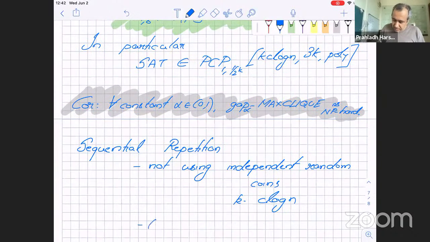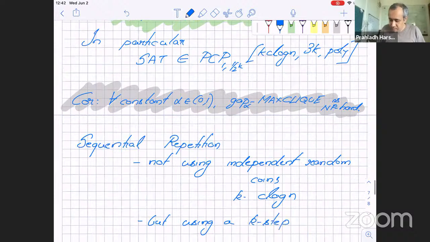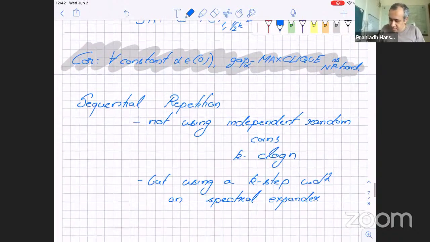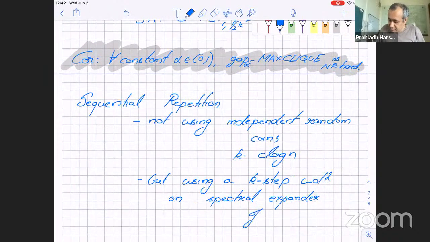But using a k-step walk on a spectral expander, you don't need to know what these objects are, but you can take a spectral expander of size 2 power r.